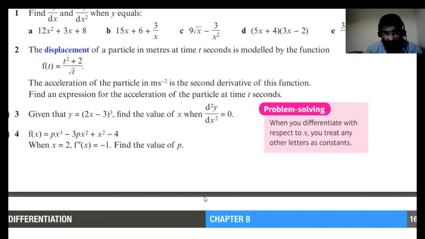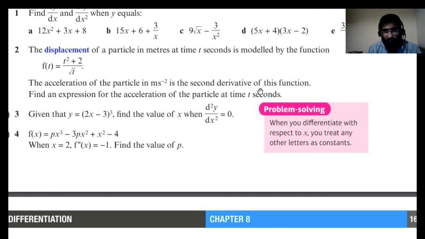So given that y equals 2x to the power 4 minus 3... okay, that's easy. Am I right? 2x squared, 8x cube.